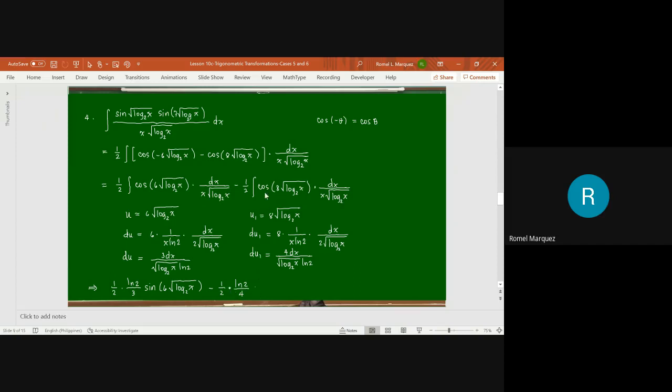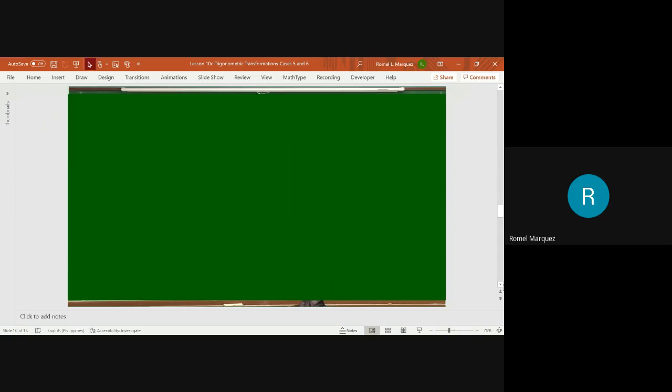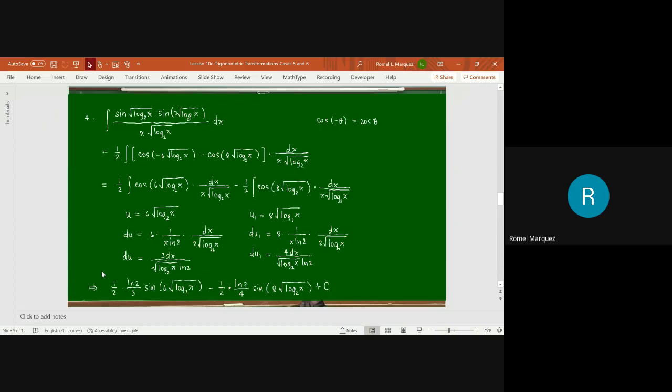Then integral of cosine u du, the integral is sine of u, 8 square root of log of x to the base 2, plus c. That's it. Then all we have to do is just simplify the answer.